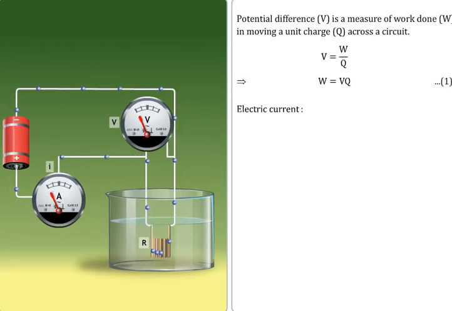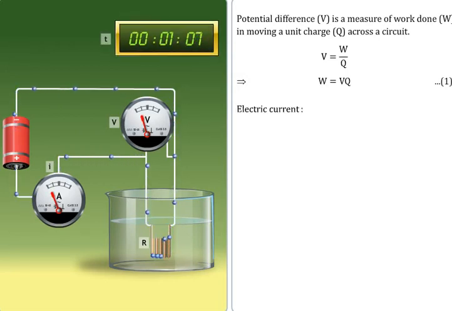The amount of electric charge passing through a circuit is the product of the rate of electric current and the time of flow. From this, we get equation 2: I = Q/T, or Q = IT.